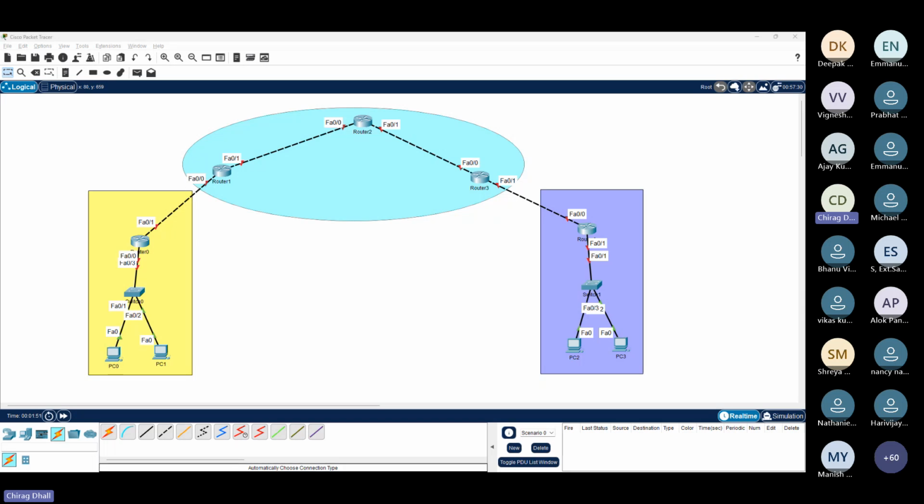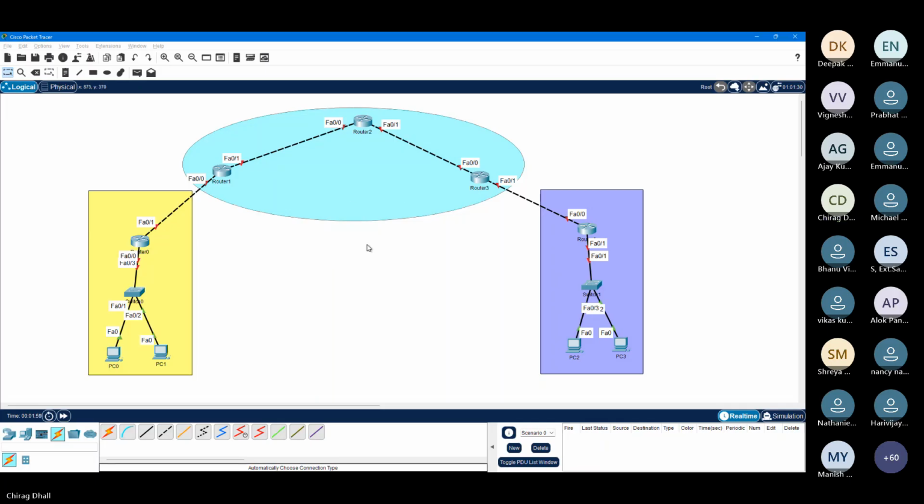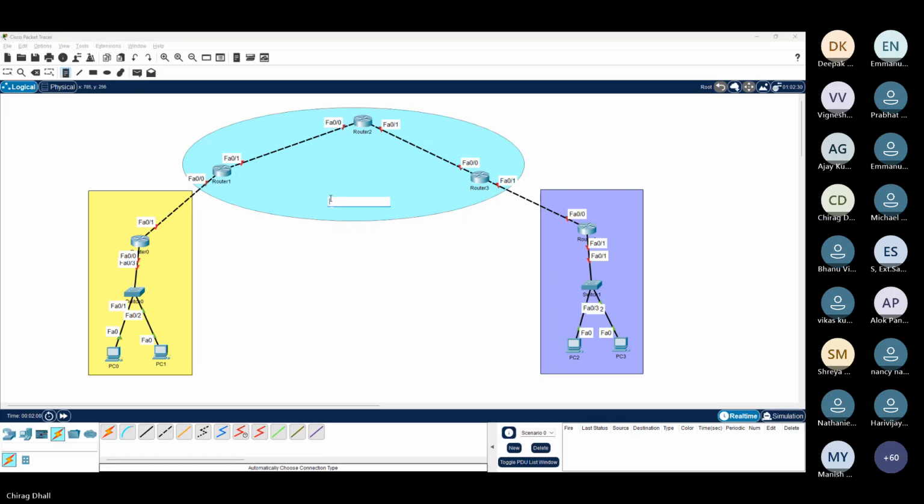This is going to be my topology. The middle sky blue circle will be my area 0. This one will be area 10, and this one will be area 20.